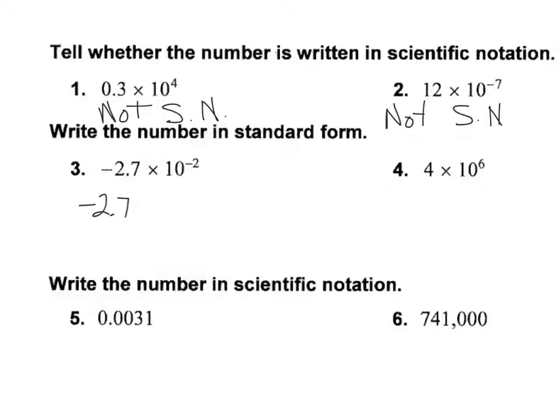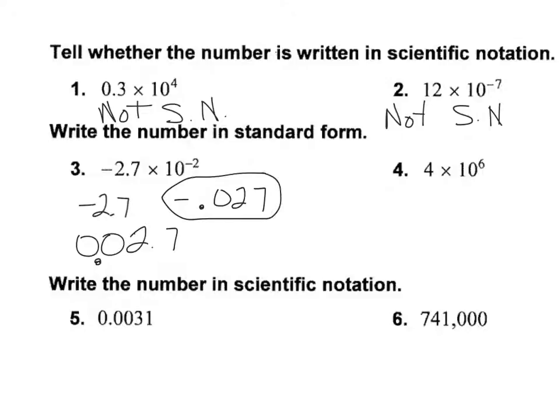You can check your foldables on which way you need to move this. But I'm going to be moving this 2 places to the left. So here's my 2.7. Two places to the left, I'm going to have to add some zeros. 1, 2. And so I get 0.027. And don't forget that this is a negative number.